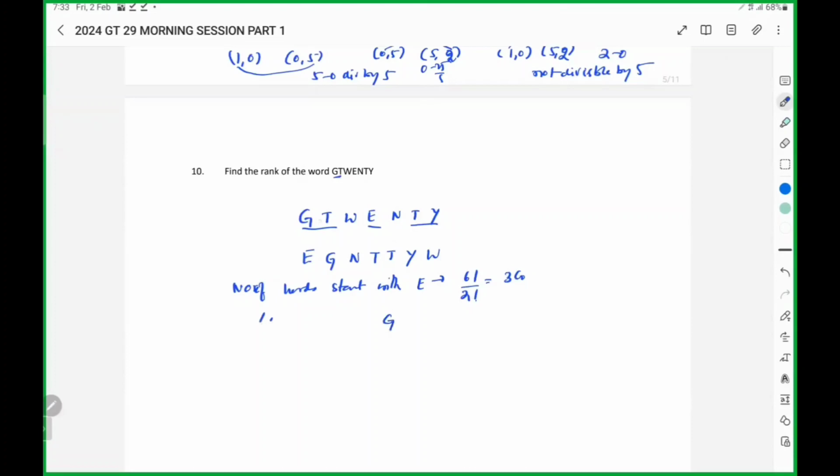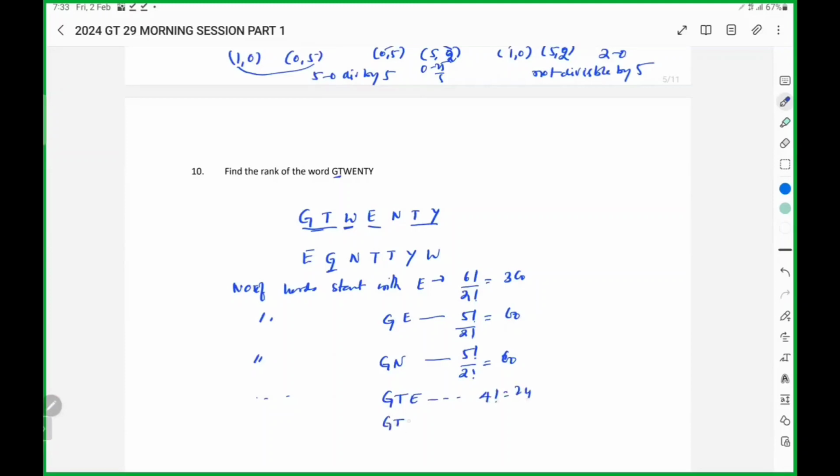And then automatically GT, it starts with G, the next words will start with G. Before T, any letter is there, GE, and the remaining letters will be 5, where 2 T's are there, 60. Then after that, before T, GN is there, same thing. Then T will come. Before W, E is there. Now 4 distinct letters.